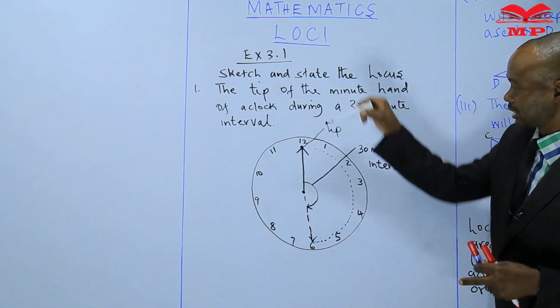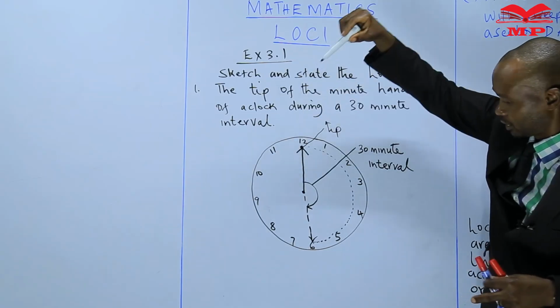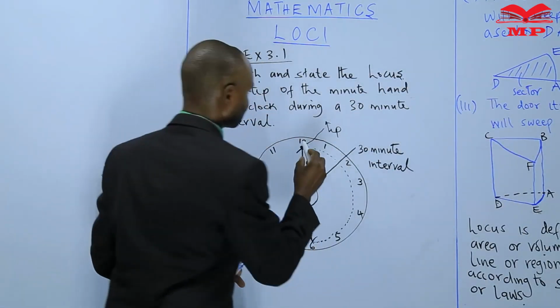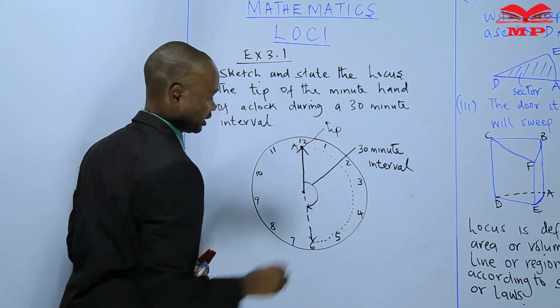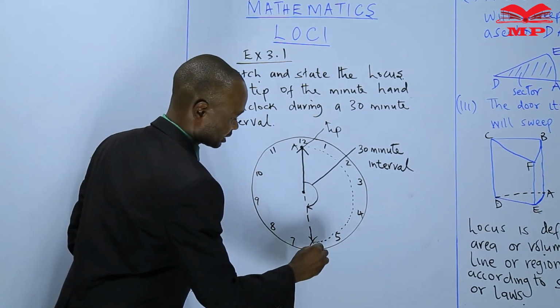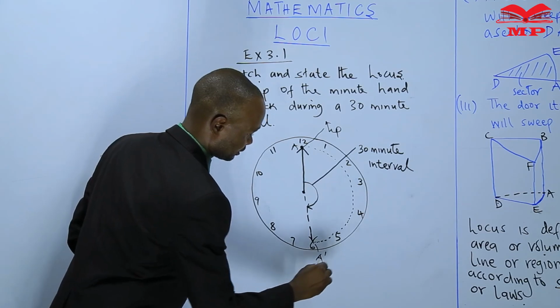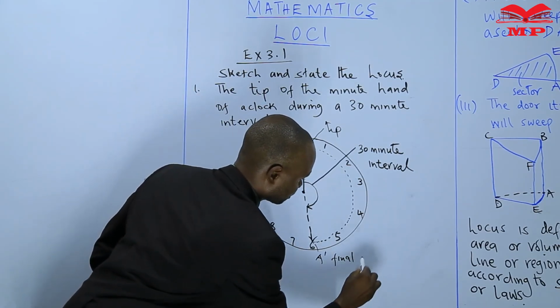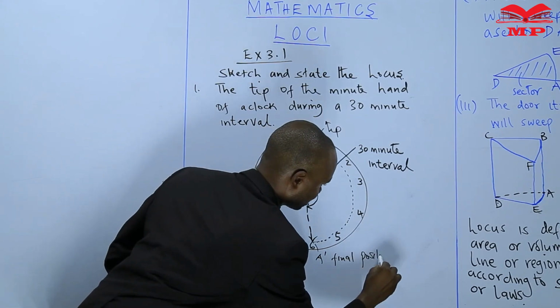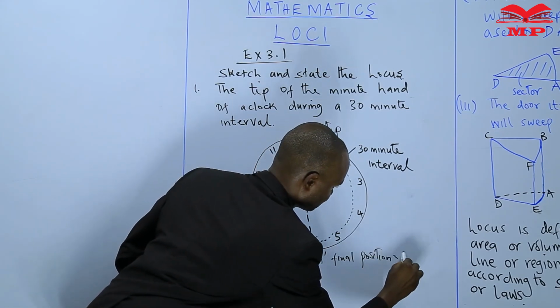So during that 30-minute interval, if that was our originating point A of the tip, you can come and say here it is the final, A prime will be the final position of the tip after 30 minutes.